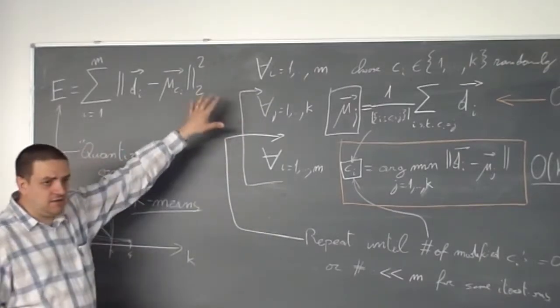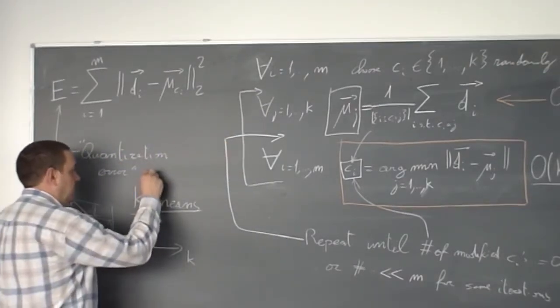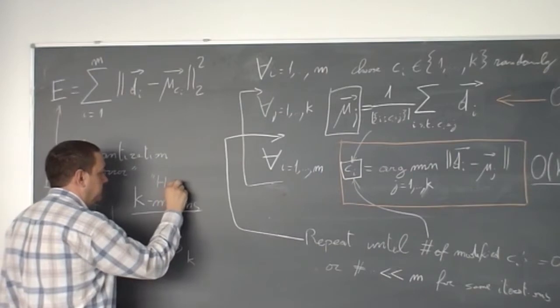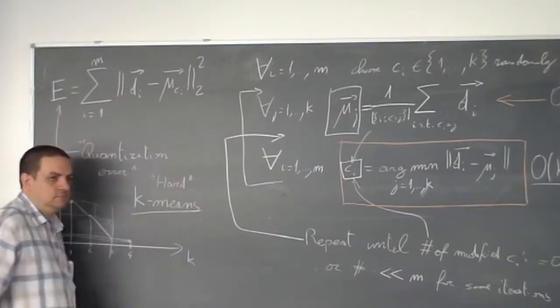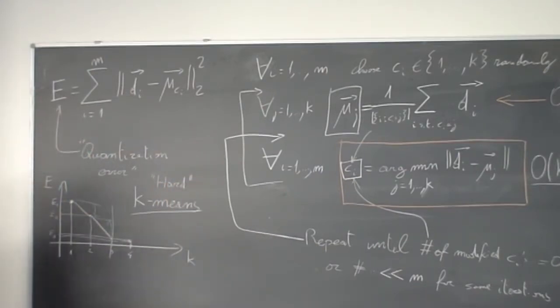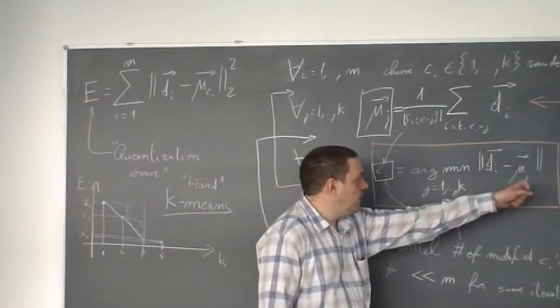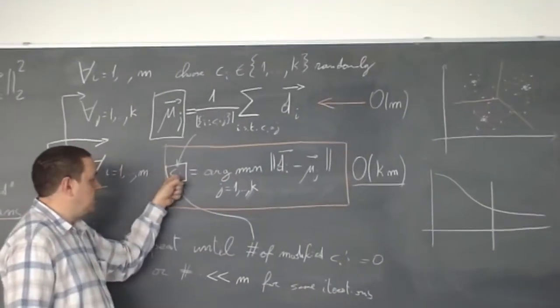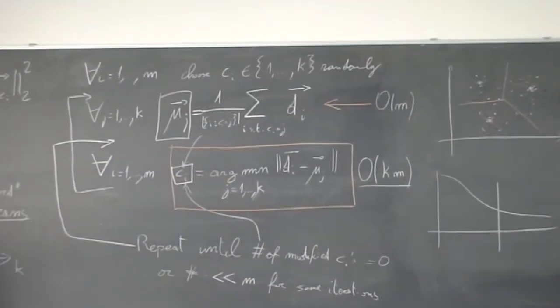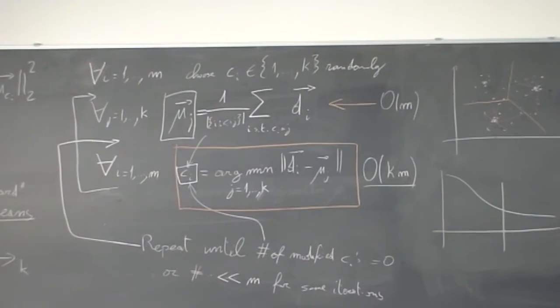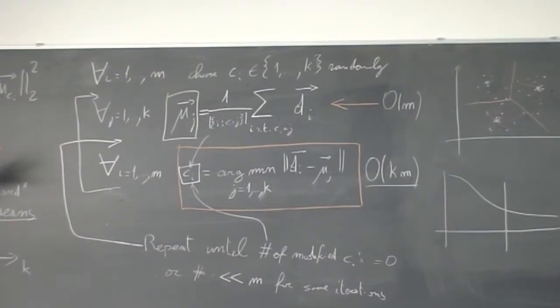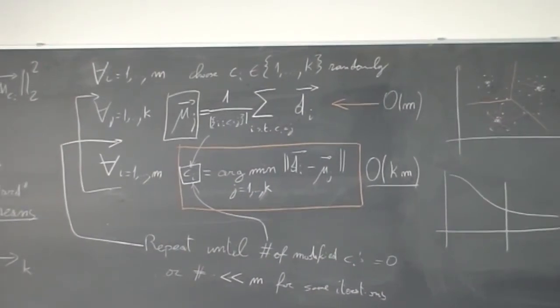And what I have presented here is actually its hard version. What does hard mean? Actually, it refers to the fact that we are associating all elements to a given cluster and proceed from that to move the centroid.